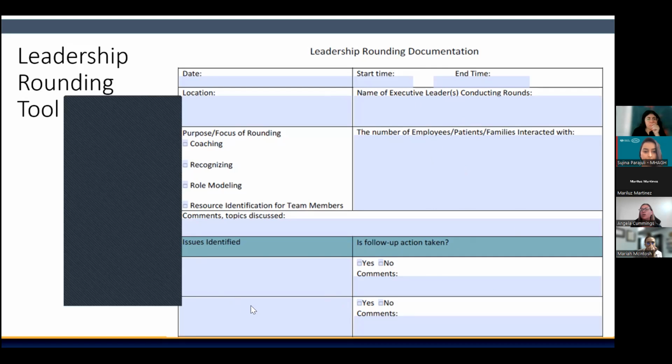There may be things you want to add to this, there may be things you want to take away, but keeping track, not only that the rounding was done, so you can say our executives conducted 10 leadership roundings in this 6-month period, whatever it may be, but then you get a little more information about what actually happened. And then this is very important, follow-up action taken.